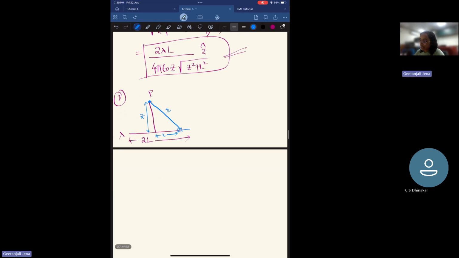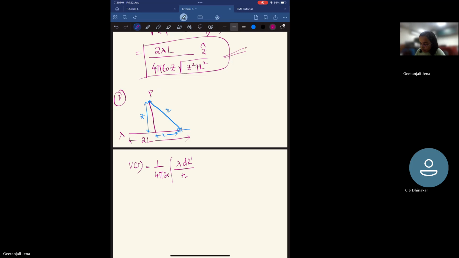Potential is a scalar quantity, so you don't need to worry about the unit vector. You just need to use the expression to find the potential. So V, if you recall, will be 1 by 4 pi epsilon naught lambda dl over the distance r.